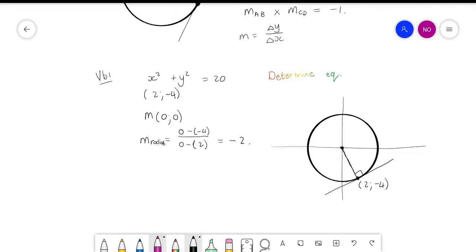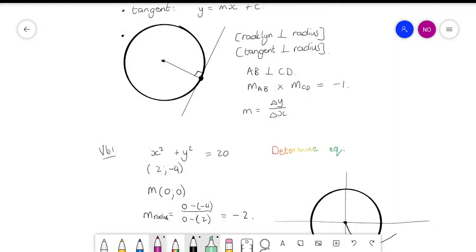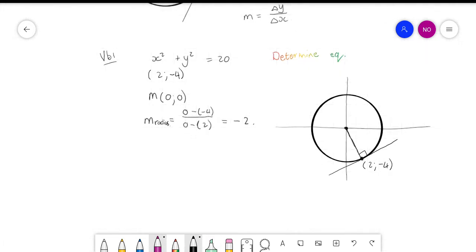Okay, nou gaan ons terug gaan na hierdie ene wat ons gister gesê het, dat as twee lyne loodreg is op mekaar, dan is die produk van hulle gradiënte gelyk aan min 1. So what will the gradient of the tangent be then? Half, né? Onthou jy kan net altyd sy reciprocal kry, always the reciprocal, and you just change the sign. So if it was negative, you make it positive.